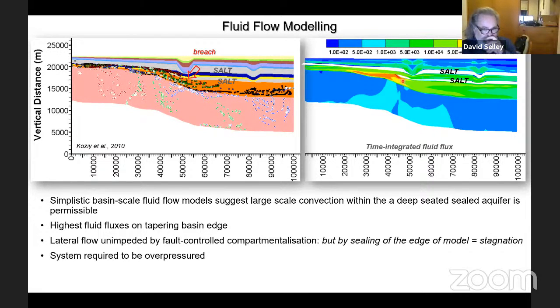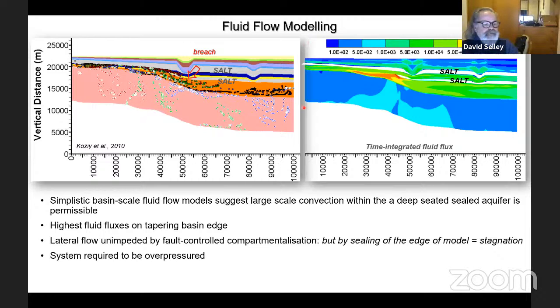And there are a number of reasons for this, but one of them is that because we've breached the salt at this position here, this has allowed small-scale convective cells to develop within this hinged position. Out towards the left-hand side of the diagram, there's conspicuously low fluid flux, and this is somewhat artificial. It's an artifact of the model, because we've got closed boundaries.